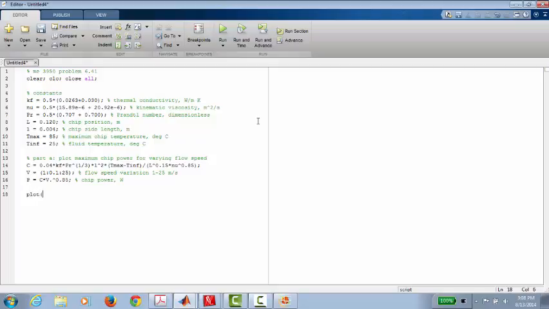So we're going to plot this. We'll label the x-axis as the flow speed, meters per second, and the y-axis as chip maximum power, watts.